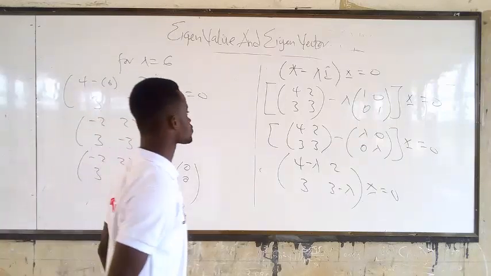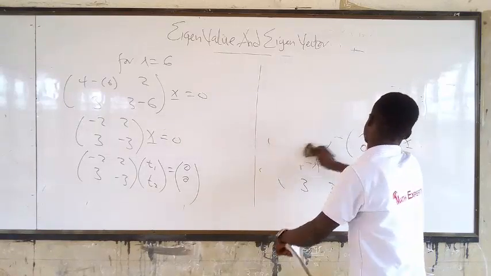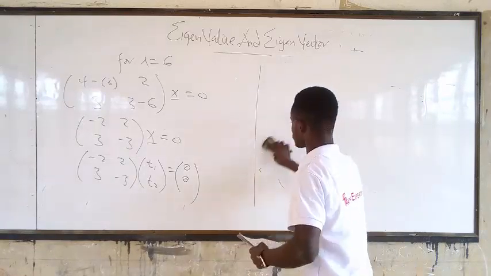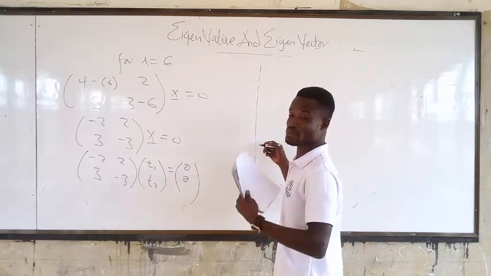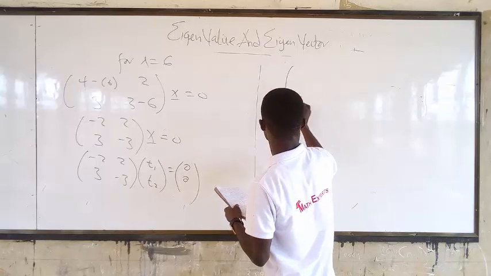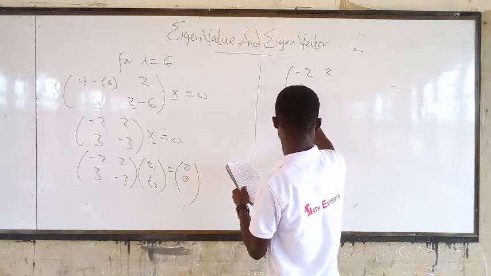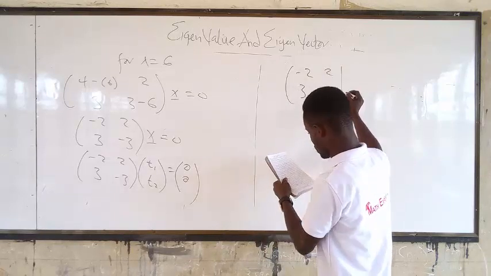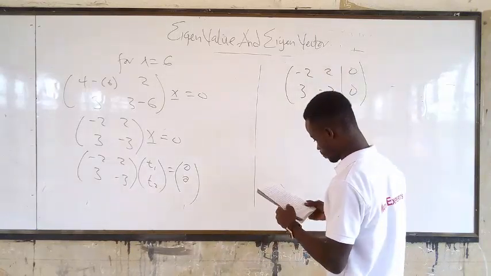You know how to solve the system, so I don't need to worry. It's something that we know already. So here is negative 2, 2, 3, negative 3, and we get 0, 0 here. Then we solve the system.